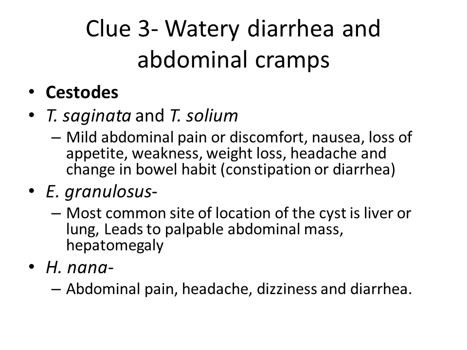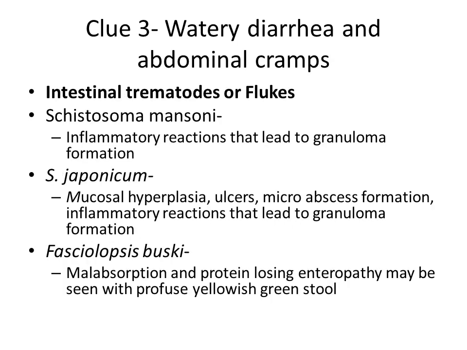Hymenolepis diminuta and Hymenolepis nana cause abdominal pain, headache, and diarrhea. When we consider the intestinal trematode of frogs, Schistosoma mansoni, it produces an inflammatory reaction that leads to granuloma formation.